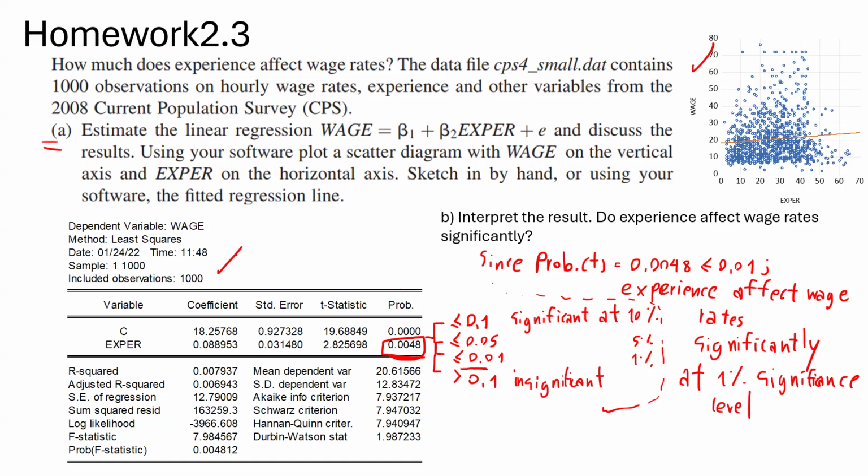Or you can write down that it is significant at 99% confidence.